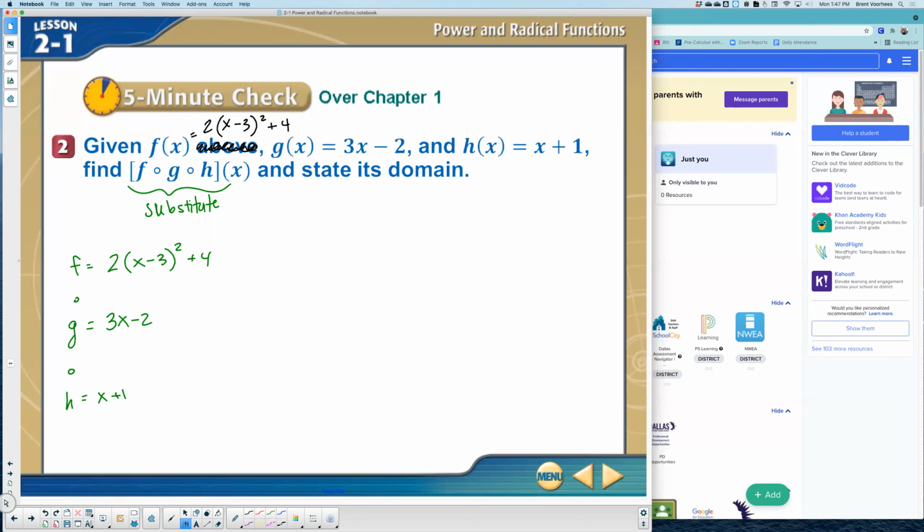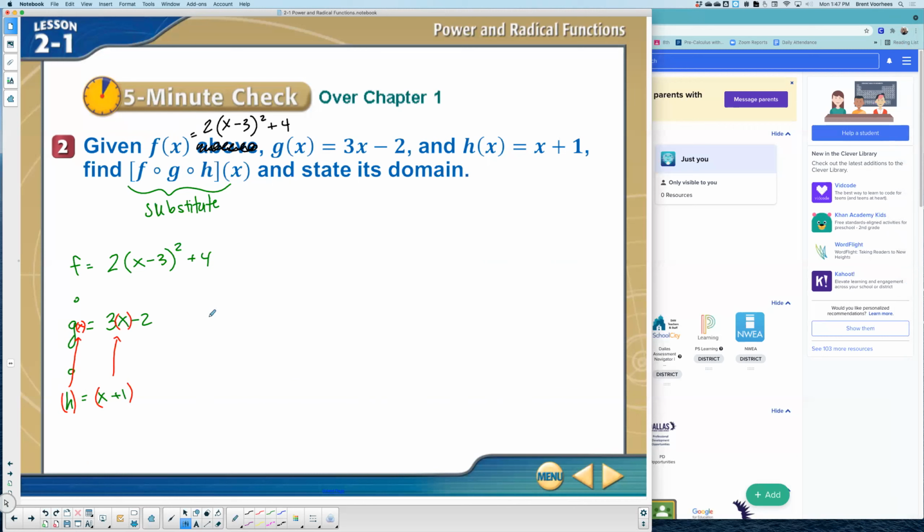Okay, ultimately, here's what's happening. We're going to take h's equation and substitute it into the place of x in the equation above. That's kind of the technique here. So I'm going to take h's equation and substitute it in for the x in the equation above. That's the idea.